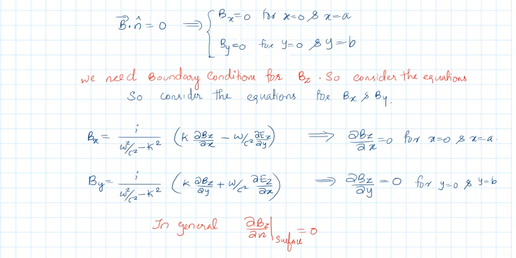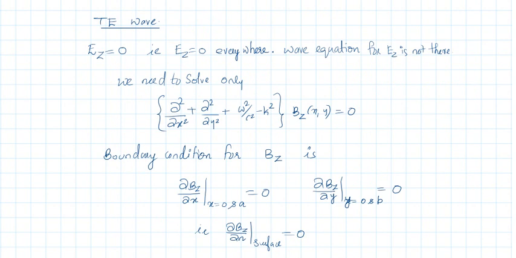Okay, so this boundary condition is obtained from this standard boundary condition. And why is this different? Because here we obtained boundary conditions for Bx and By, but we need a boundary condition for Bz. So from these expressions, we will get a boundary condition for the normal derivative. And when you solve the TE wave, transverse electric means electric field has only transverse components, that is Ez is 0.